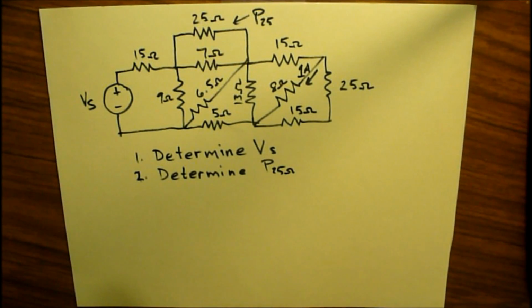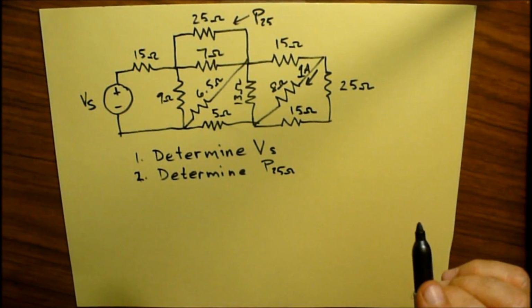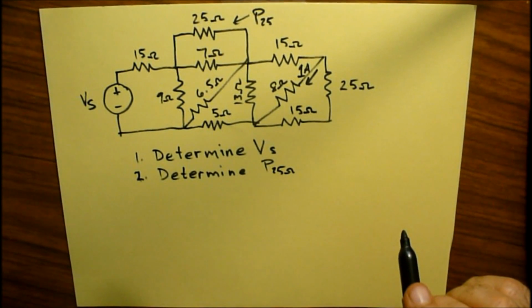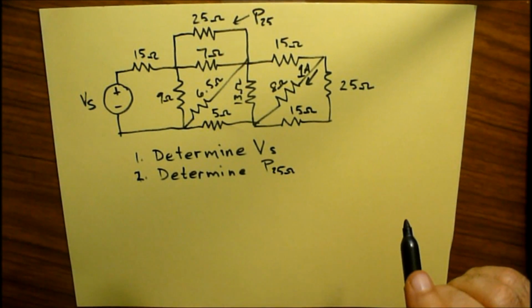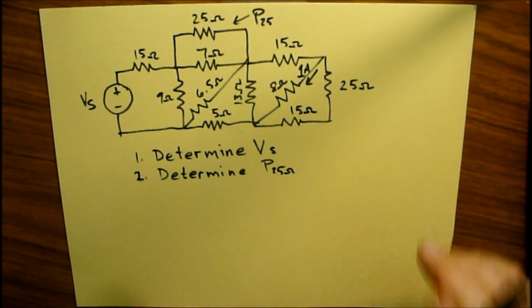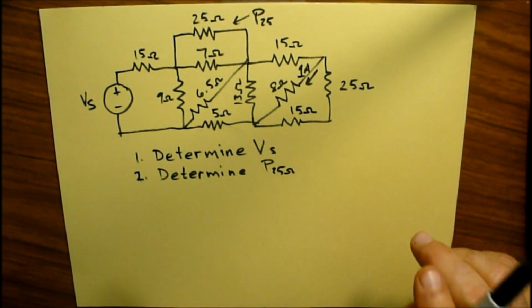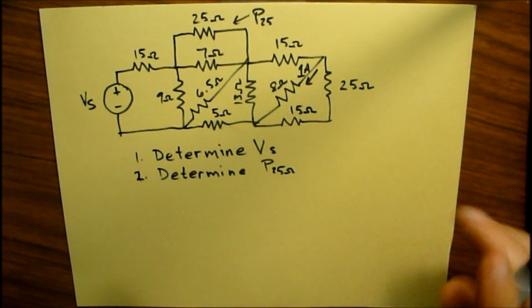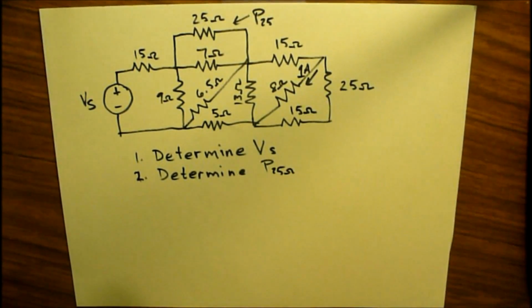You could use the KVL and KCL, and in fact I'm going to do a little bit of KCL and KVL, but this is going to be a little bit easier than we imagine. You don't have to do any of these circuit loops or anything like this. You can work this out just from this information right here.